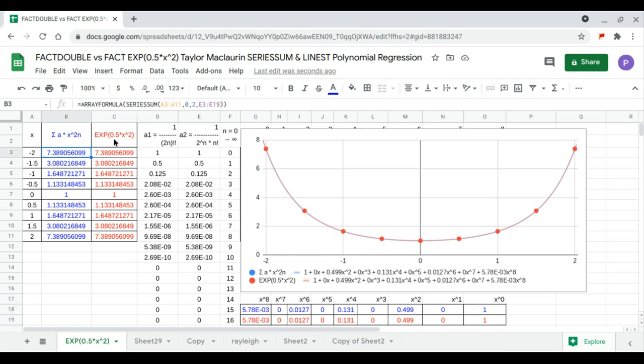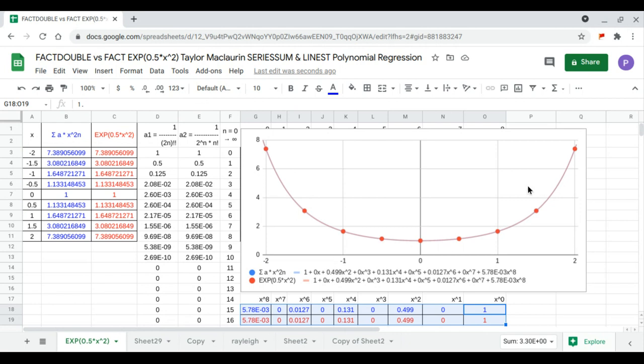Suppose I change, instead of the factorial, I will use the double factorial. We still get the same results. And the coefficients are the same, and the trend lines are also the same.